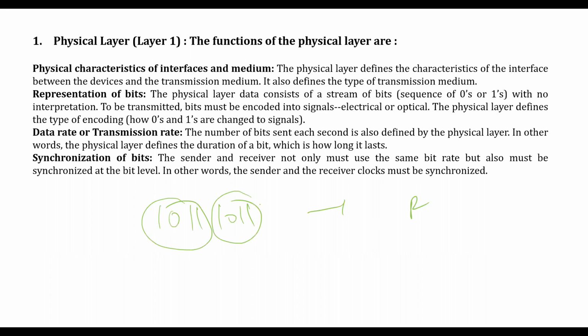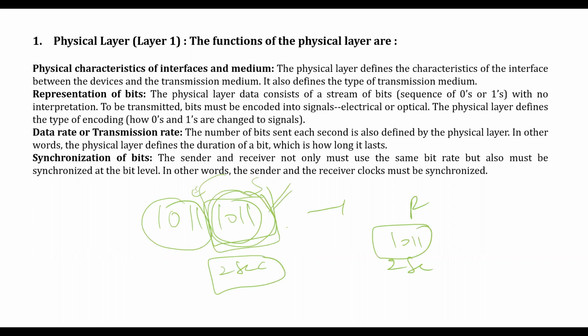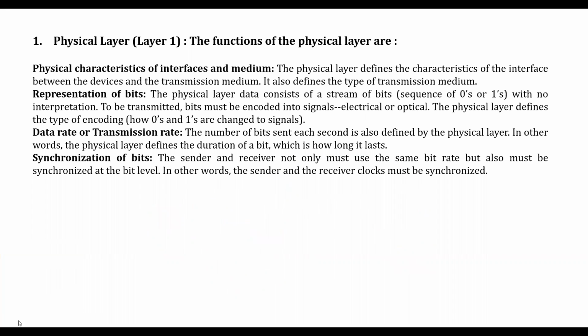Clock means in this particular 2 seconds of time, here I am supporting 4 bits only. Receiver also, in 2 seconds of time, is supporting these 4 bits only, not more than that, not less than that. Synchronization means the number of bits transmitted and the starting and ending of the bit stream should be equal to the count and starting and ending on the receiver side also. Both should be the same, not different.